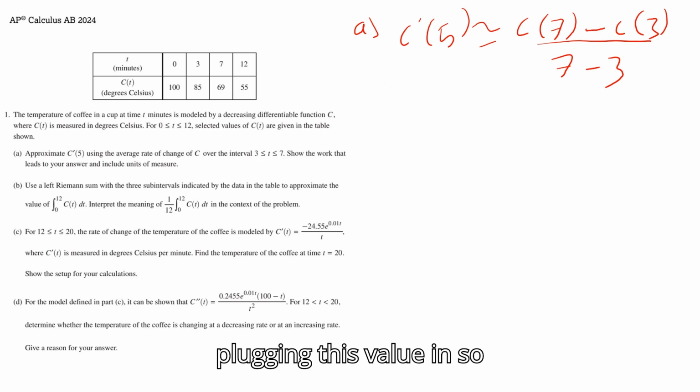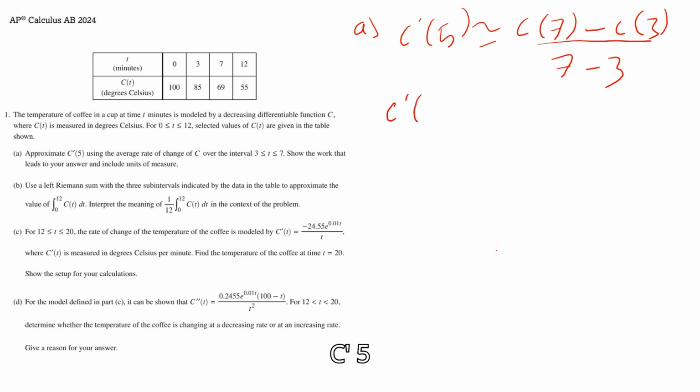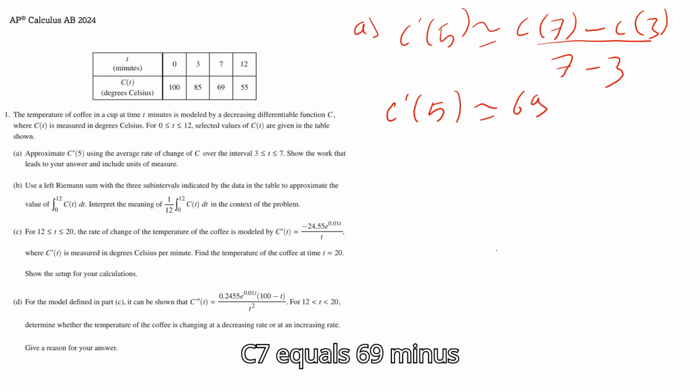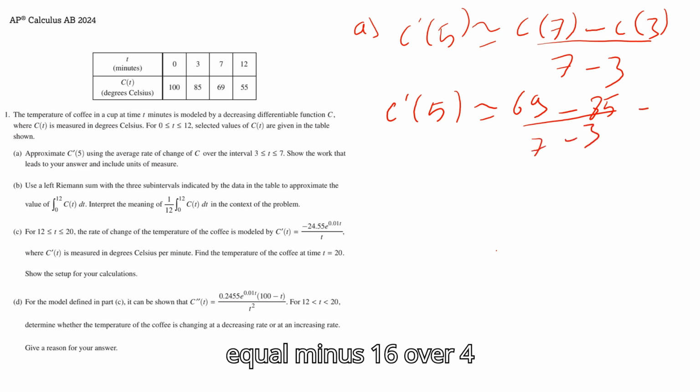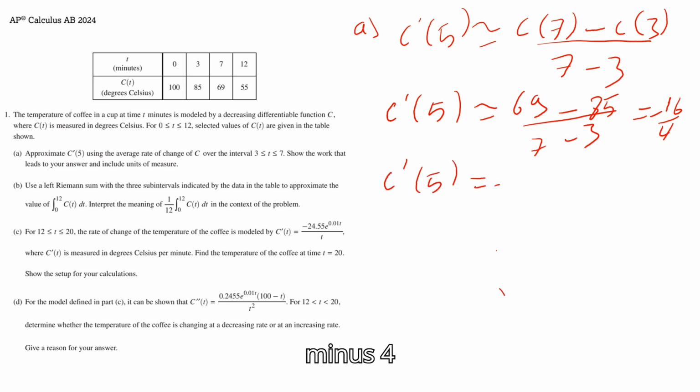Plugging these values in, C'(5) is approximately (69 minus 85) over (7 minus 3), which equals minus 16 over 4. So C'(5) equals minus 4.